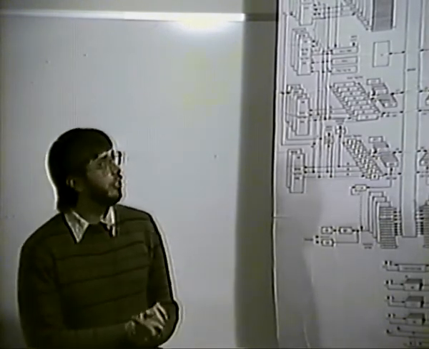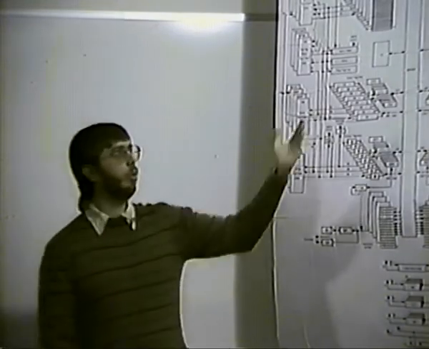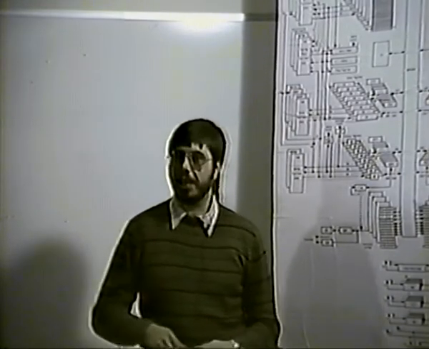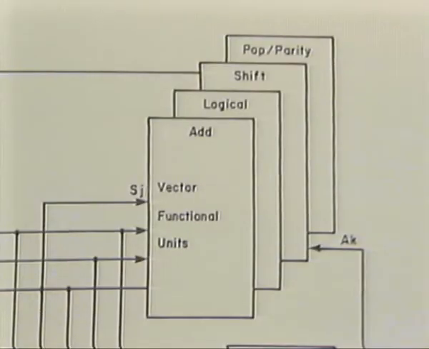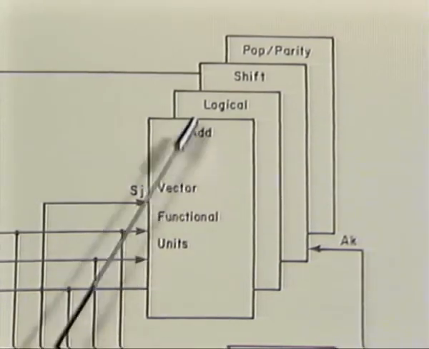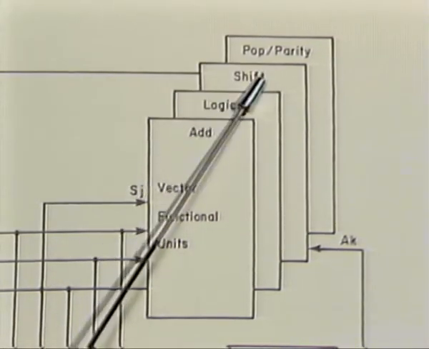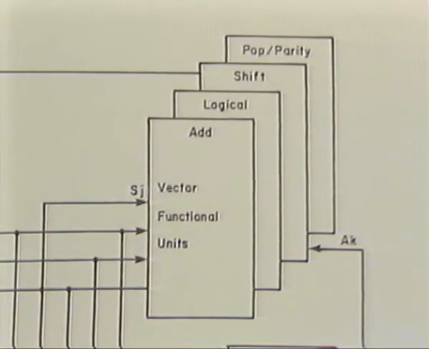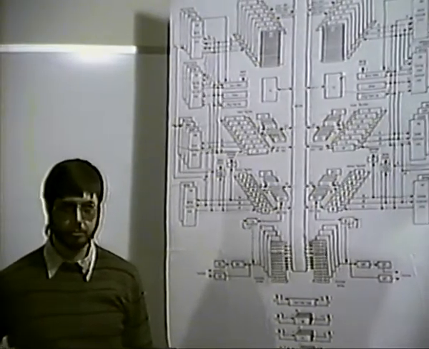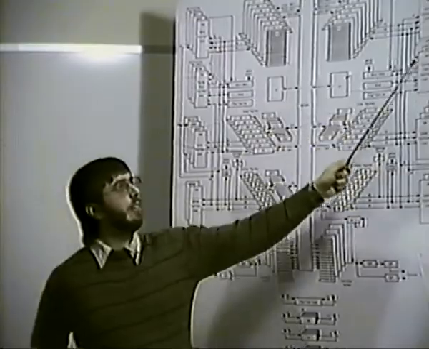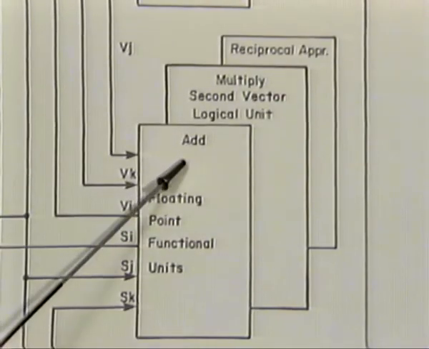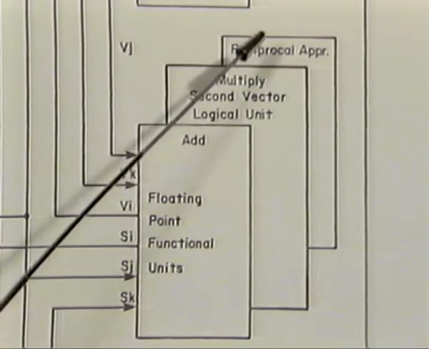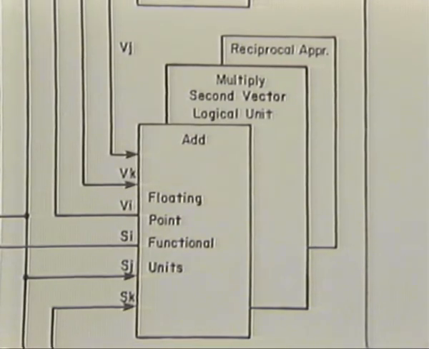The vector registers have their own functional units, just like scalar and address did. There's a vector add functional unit, there's a vector logical functional unit, there's a vector shift, and there's a population parity functional unit. They also have access to the floating add functional units, the floating multiply, and the floating reciprocal functional unit.